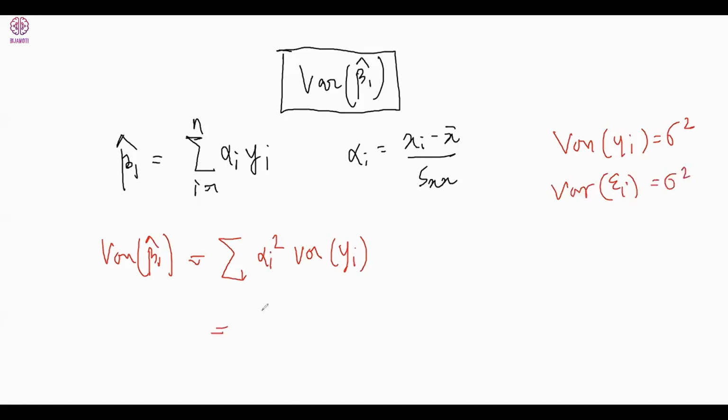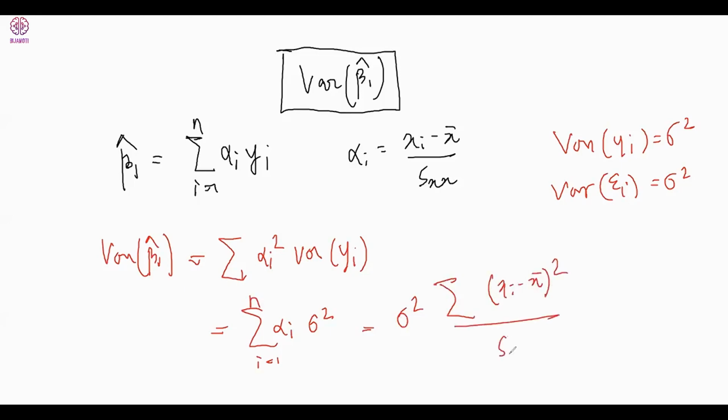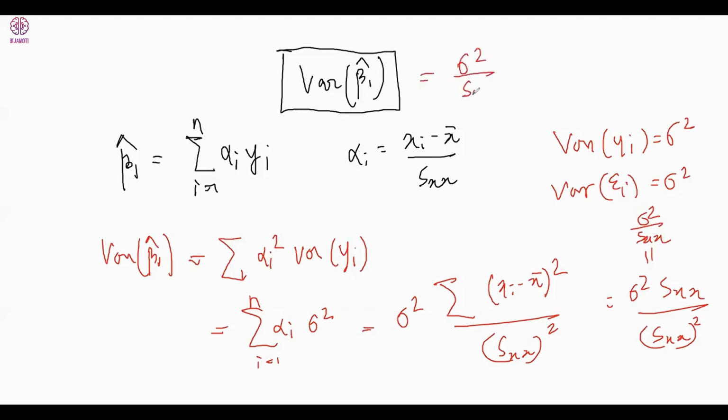So it's sigma square times the summation of xi minus x bar whole square, divided by sxx whole square. Now what is this? It's sxx divided by sxx whole square, which equals sigma square by sxx.